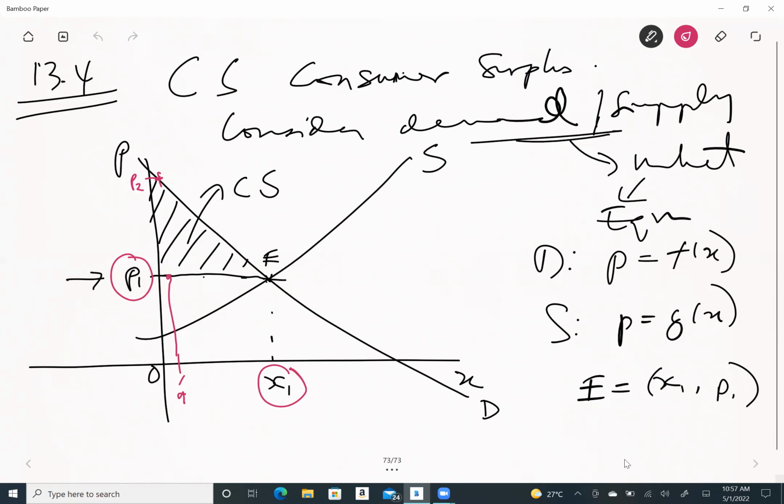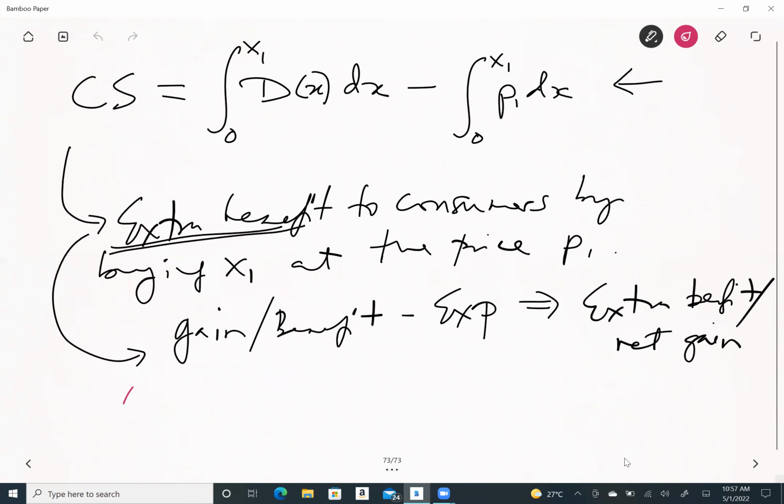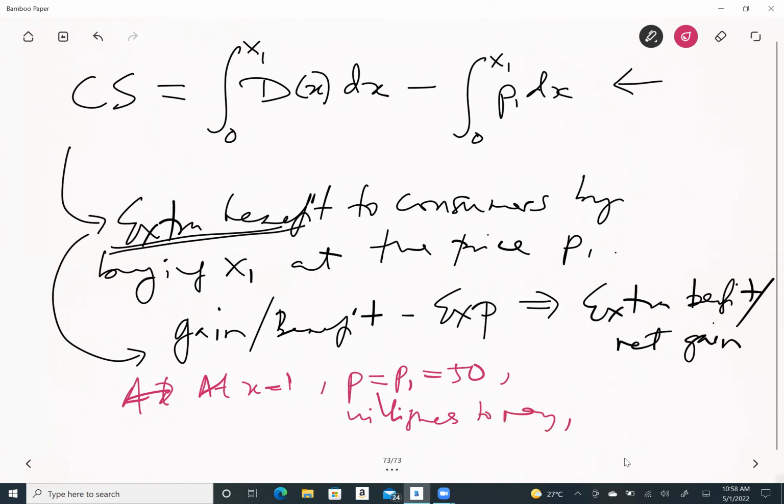So actually, say at X equal to 1, the price you pay is P1, say 50 ringgit. What is your willingness to pay? Your willingness to pay is the price on the demand function. I'm willing to pay P2 equal to 100 for 1 unit.